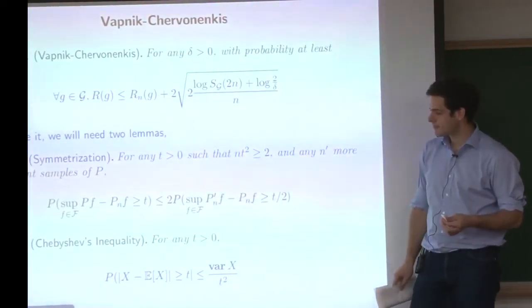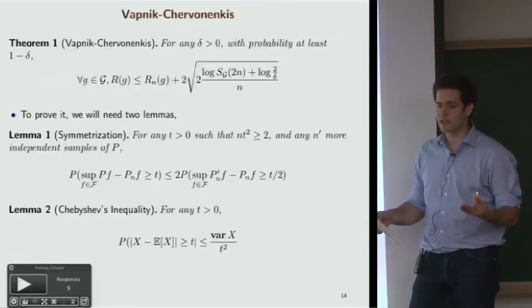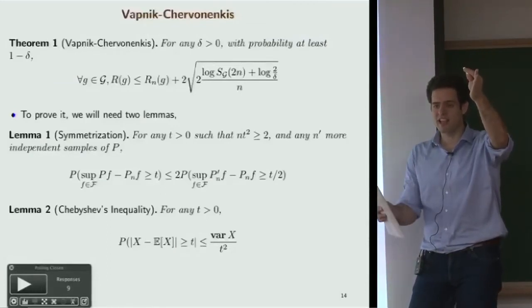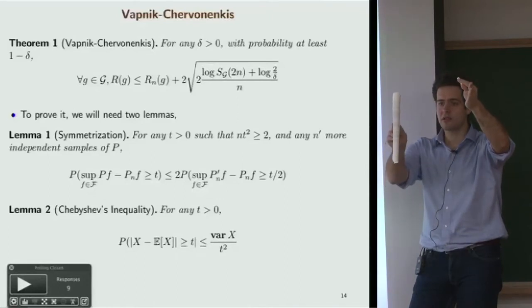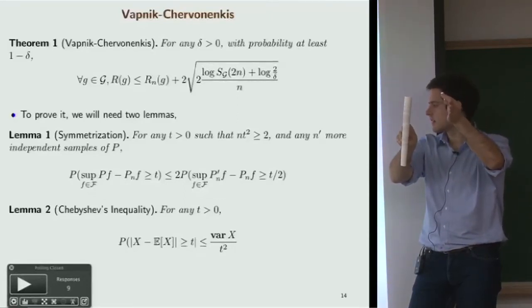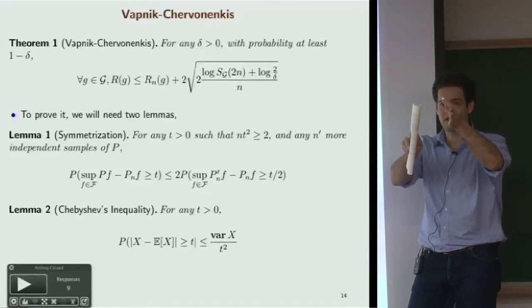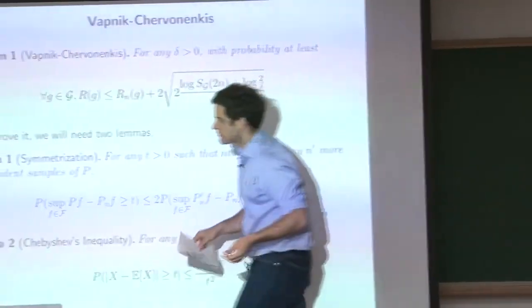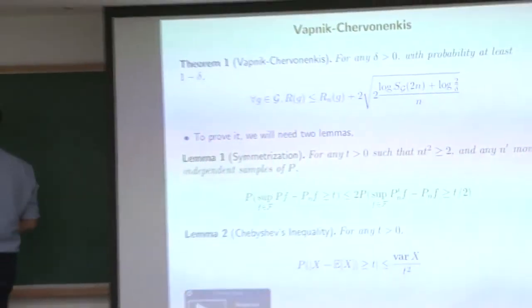So what we're doing is the following. Suppose that I have the true P of f somewhere. I have one sample of size n. The difference between P of f and Pn of f, the probability that this is bigger than some t. Now I'm going to consider another sample somewhere. So I should probably draw this at some point.